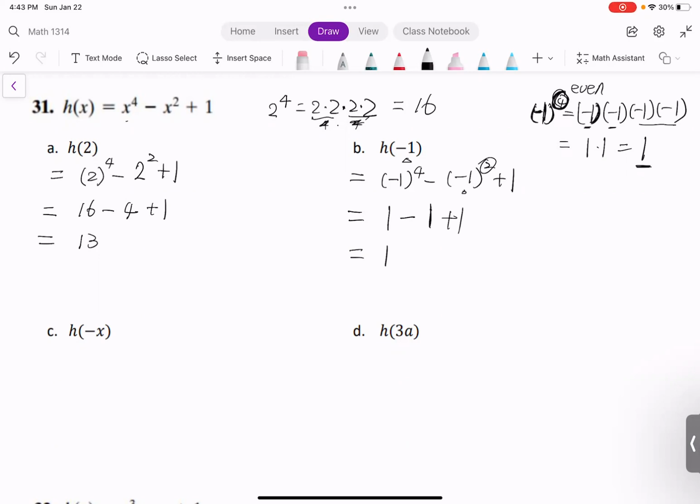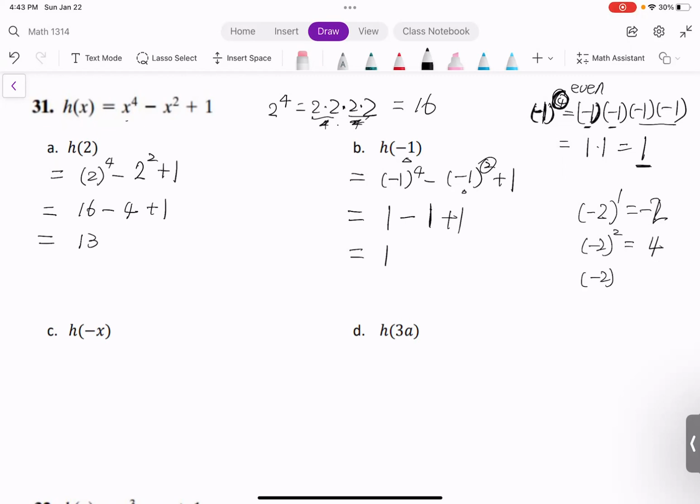So if I have any negative number, for example negative 2, and I have a power. If negative 2 is squared, the power is 2, negative 2 times negative 2 is positive 4.